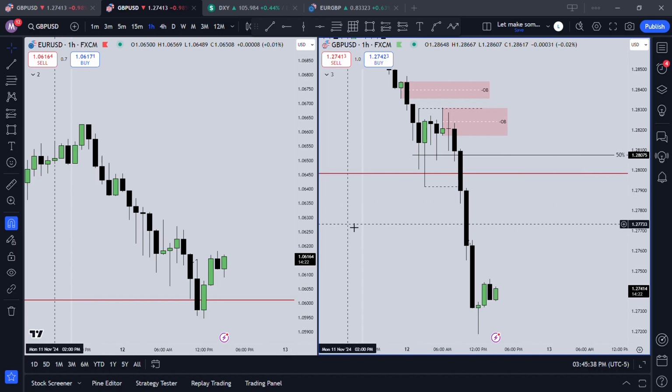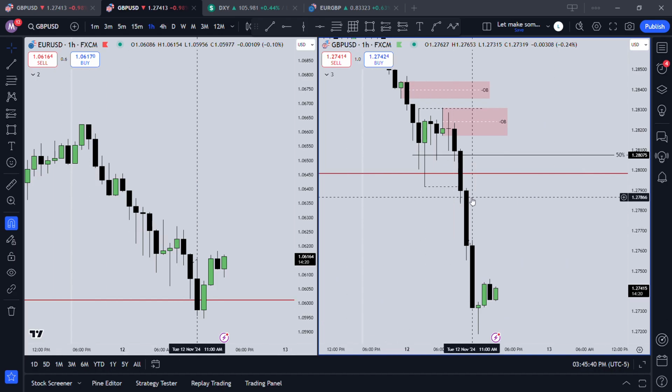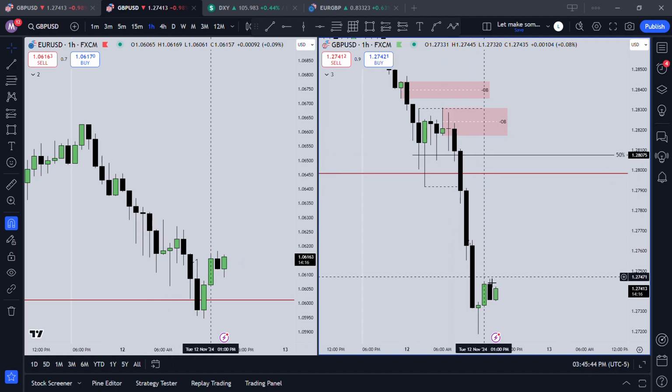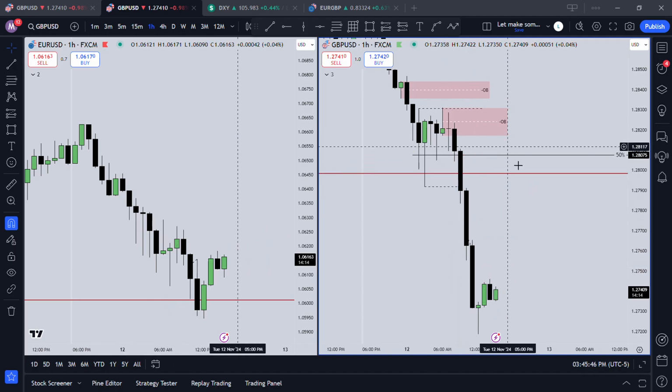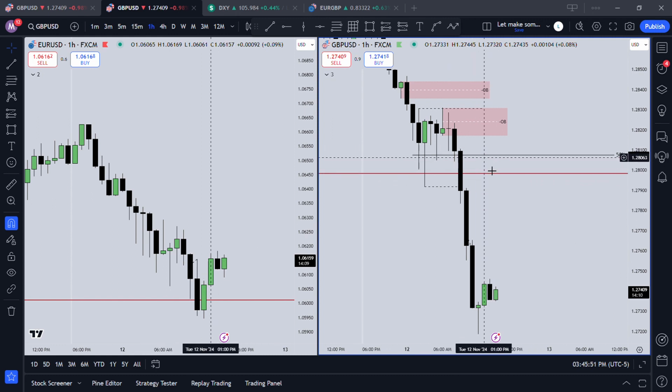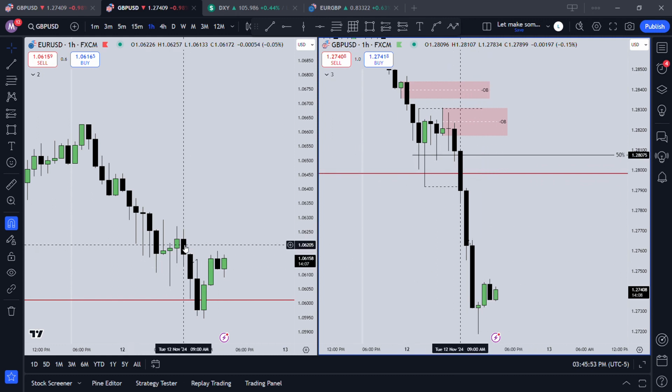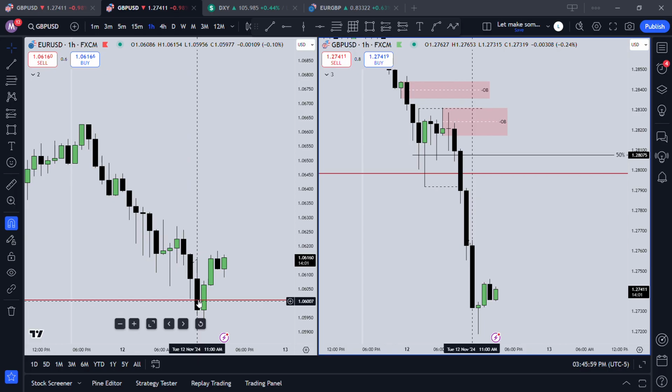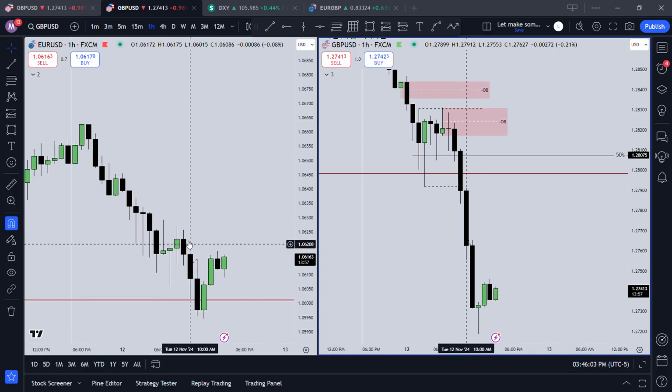My idea was either 10 o'clock could open, maybe take us into here or somewhere around here, and then see a retracement, or wait, what? Retracement up into here, and then take us low. And here, since 9 o'clock closed like this, and since we had these equal lows, I was quite certain that we'll keep pushing low on EU.